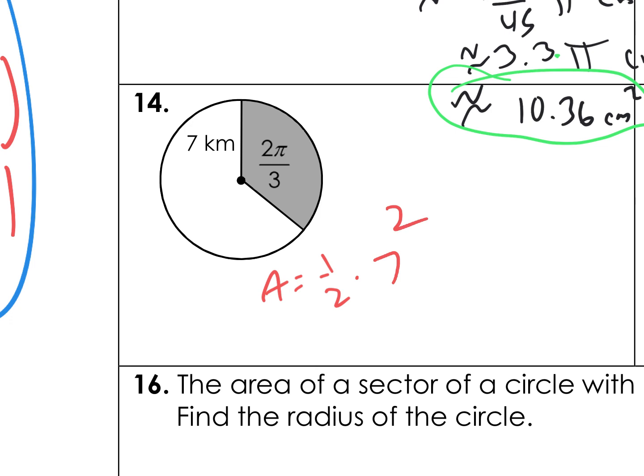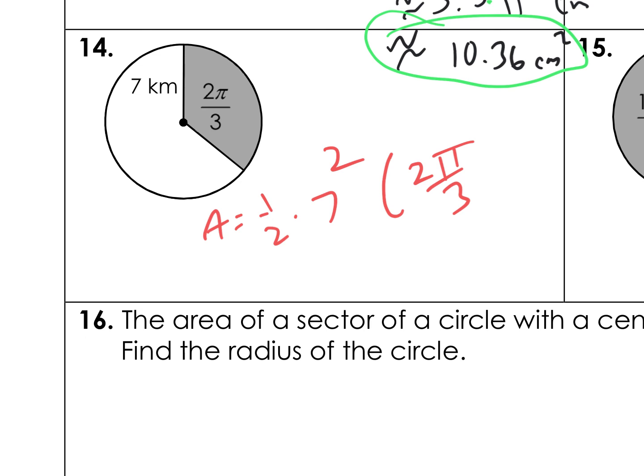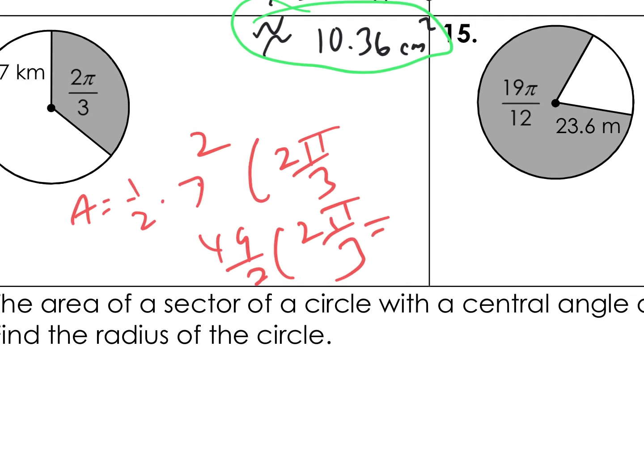Times theta, 2 pi over 3. So that's 49 over 2 times 2 pi over 3. That would be 98 over 6 pi. Yes, no? 49 over 3 pi.